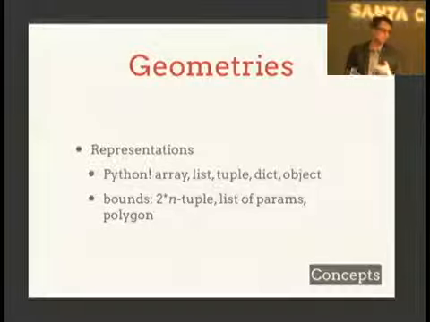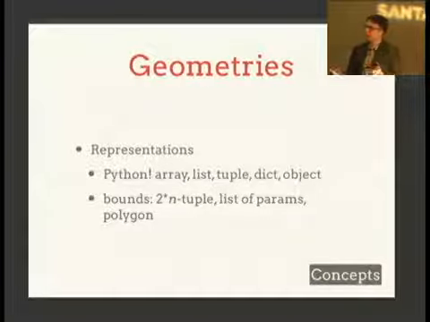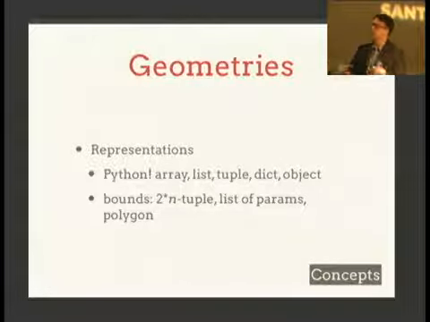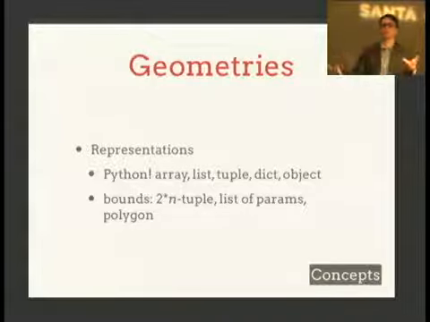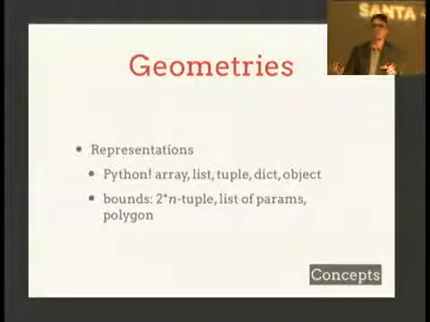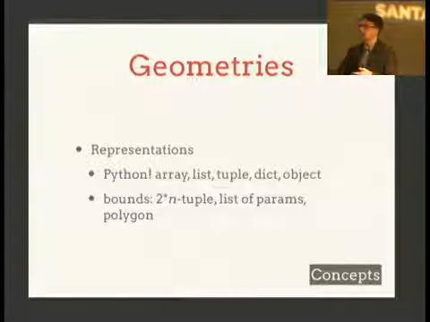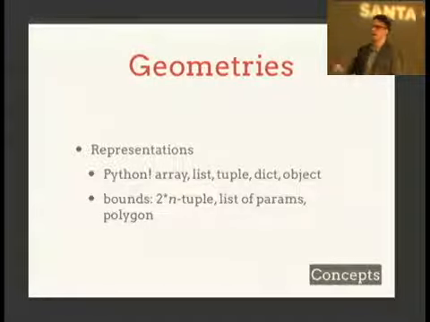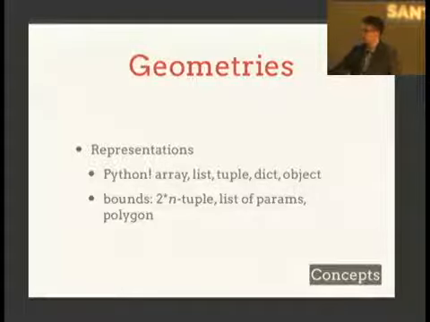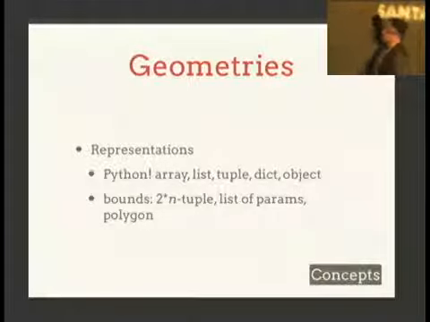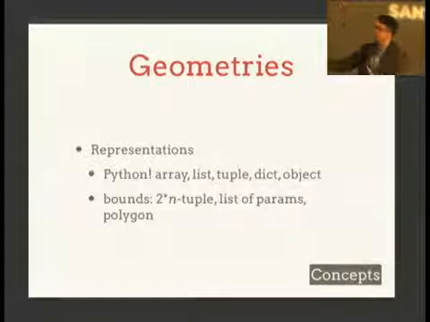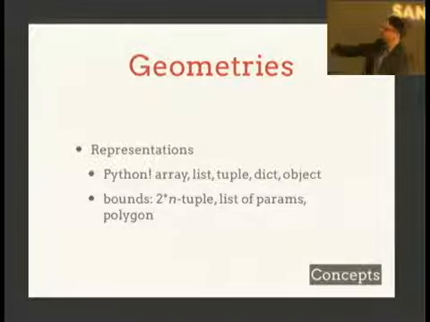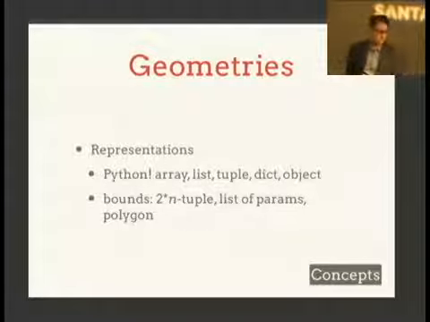And bounds, or a bounding box, is almost always in the case of 2 dimensions a 4-tuple, or a list of params. In some cases, it can be a 5-point polygon. A bounding box is just min x, min y, and max x, max y. And in the case of the polygon, you'd have the 1, 2, 3, 4, 5 points.